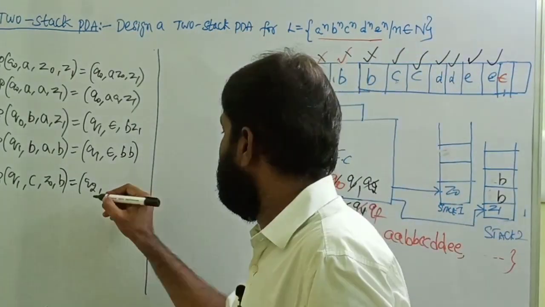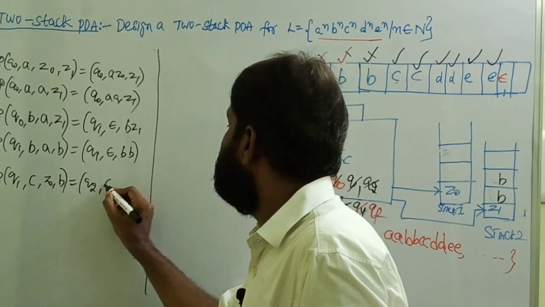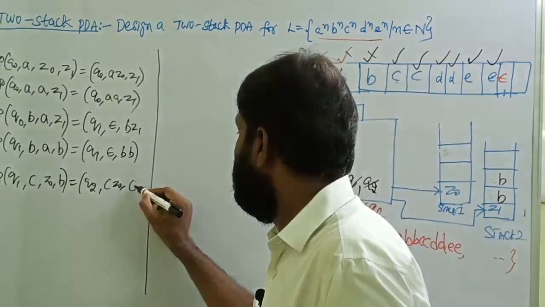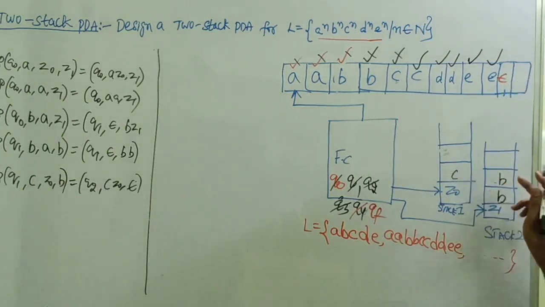So add C onto stack 1, meaning it is C Z0, by doing the pop operation on stack 2, epsilon. So add C onto stack 1, remove B from stack 2.